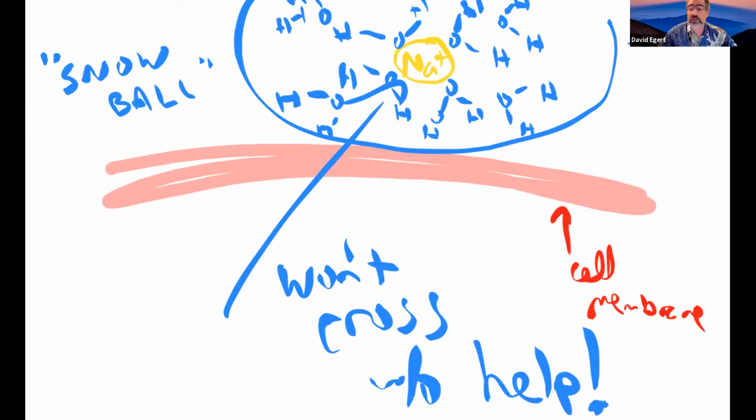We're going to have all sorts of special ion channels that allow ions to cross in and out of cells, but there has to be some special channel for ions to come in or out of a cell. Because of this hydration, with water molecules pulled in really tightly around the ion, it effectively acts like a large polar molecule and therefore does not cross.